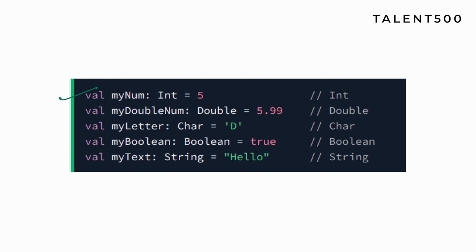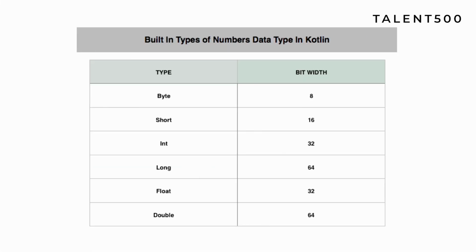Perfect. And moving ahead, these are the built-in types of the numbers data type in Kotlin. You don't need to rote learn this, but you should know byte is the smallest unit, having 8 bits, and then short, int, long, float, double has the highest bit width.